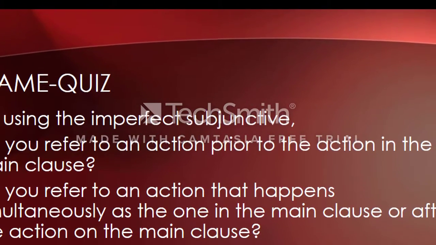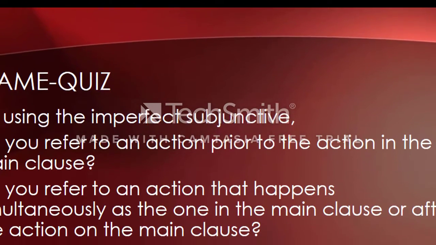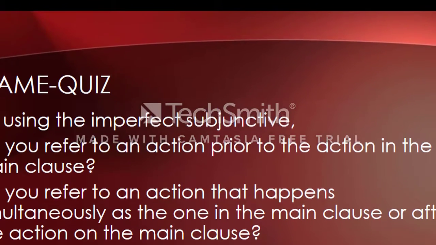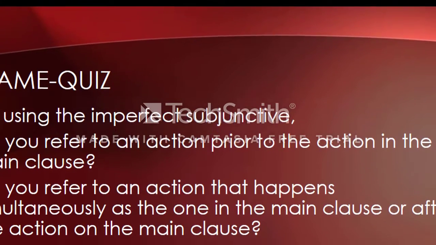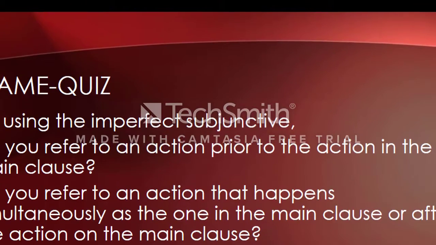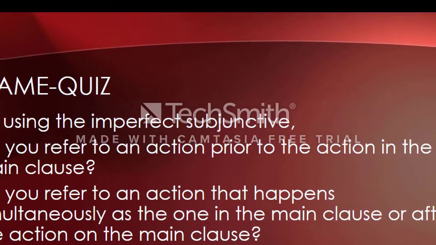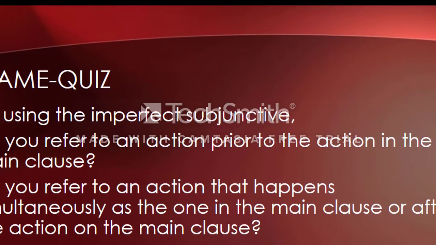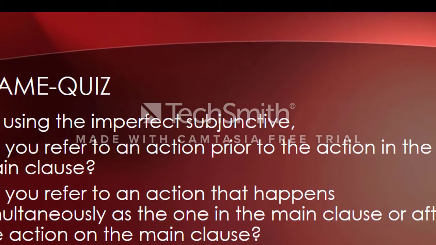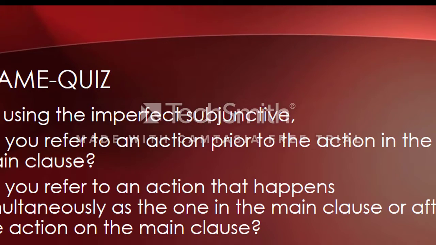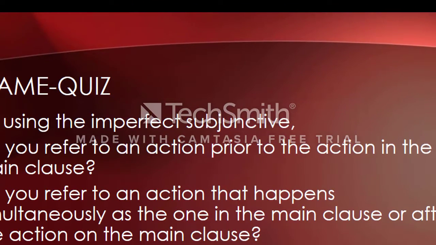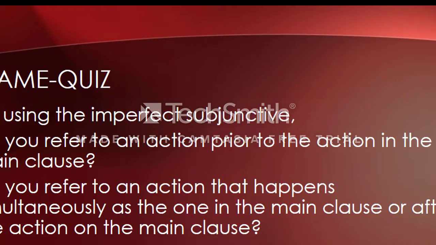Another part of the quiz is multiple choice, with two choices. When using the imperfect subjunctive, do you refer to an action prior to the action in the main clause, or to an action that happens simultaneously with the one in the main clause or after it?